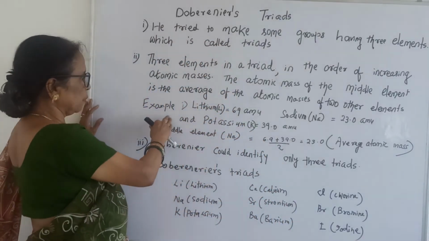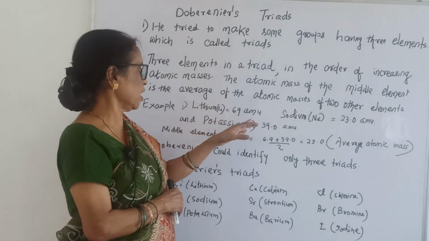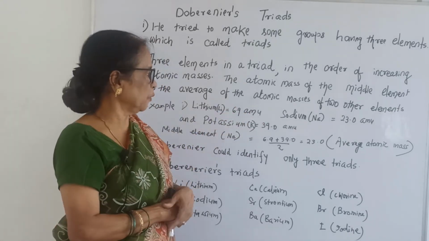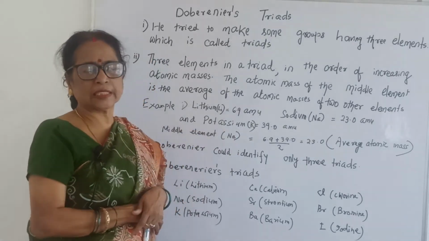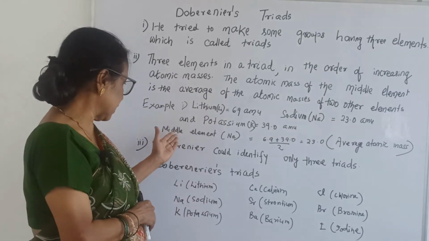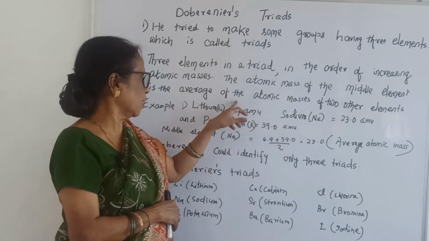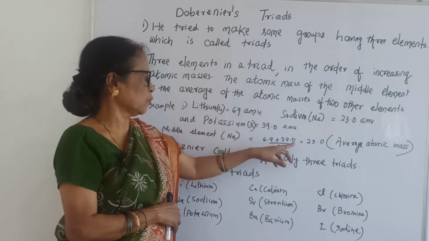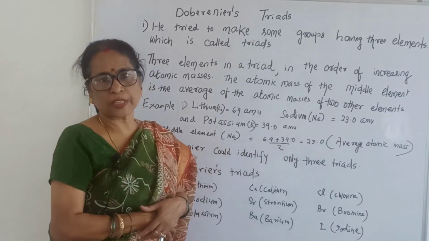Now see an example: lithium is 6.9 u, sodium is 23 u, and potassium is 39 u. It is arranged so that the middle element, sodium, is the average of the other two. 46 divided by 2 is equal to 23.